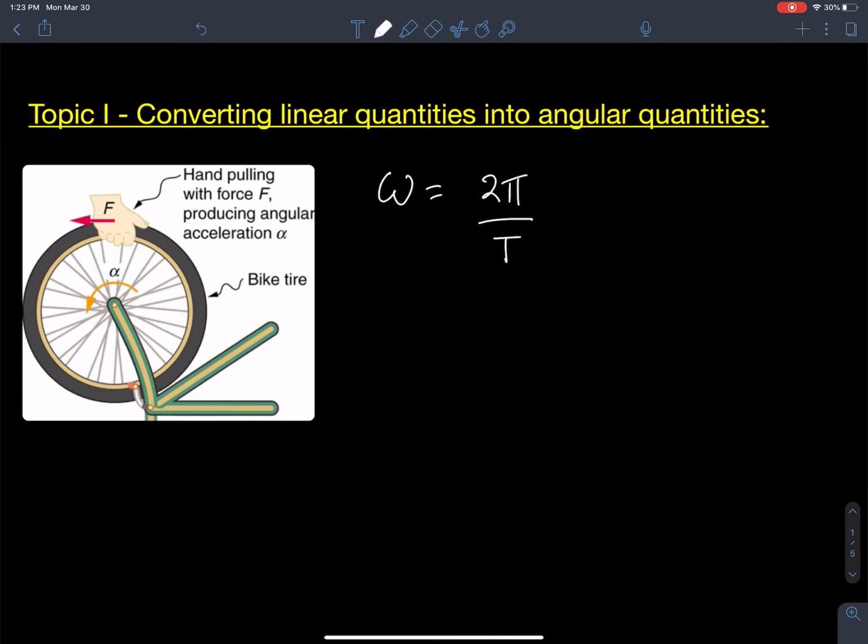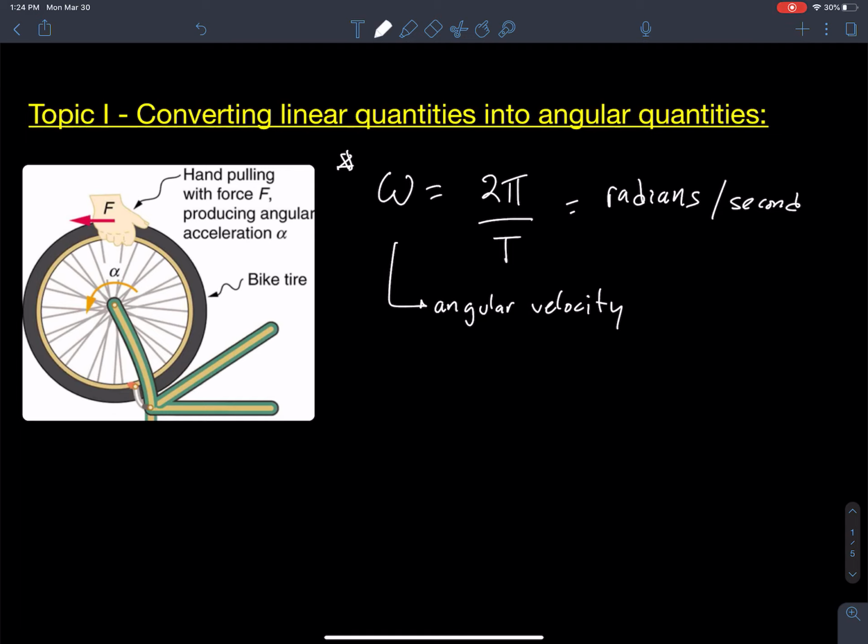If I measure the period of that wheel, the time it takes to make one full complete cycle, 2 pi over the period will give me a unit called radians per second. That's how many radians per second that object is rotating, and that's an important unit to remember. So angular frequency or radians per second, we can call that also angular velocity. So angular velocity, okay? That's a term that we played around with before.